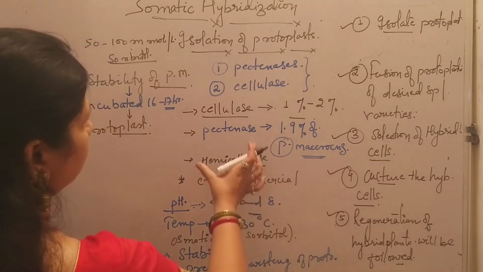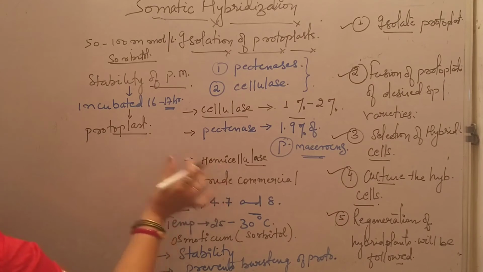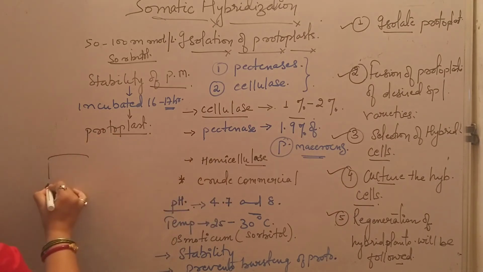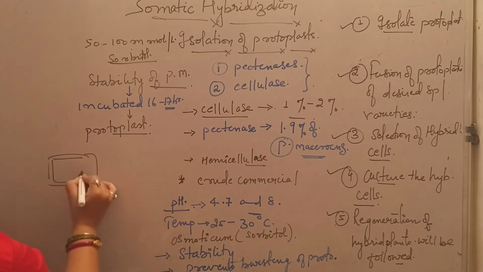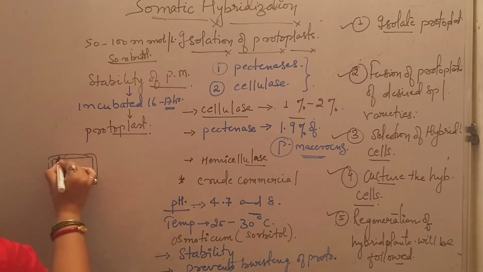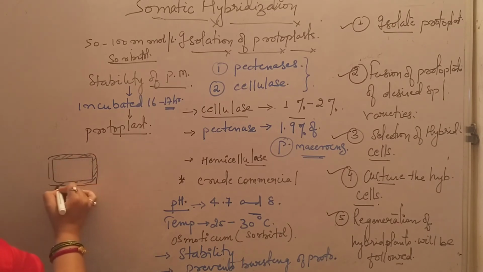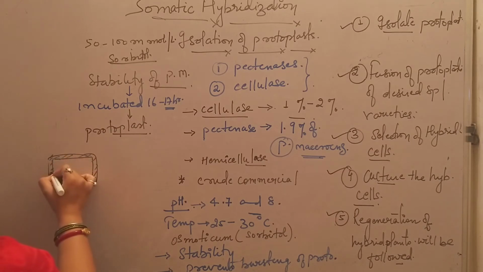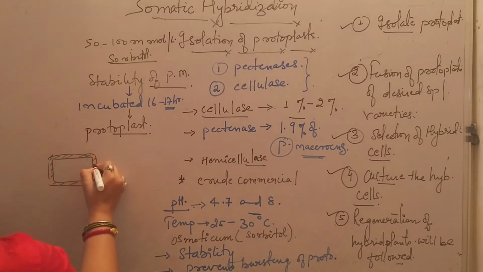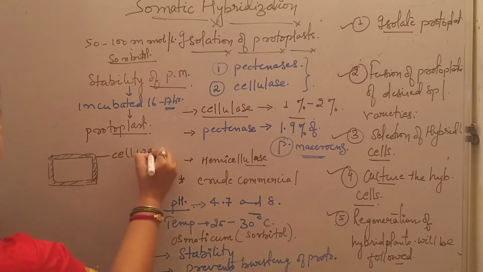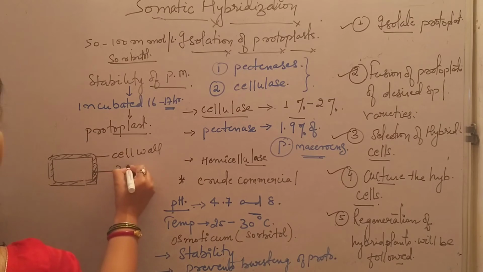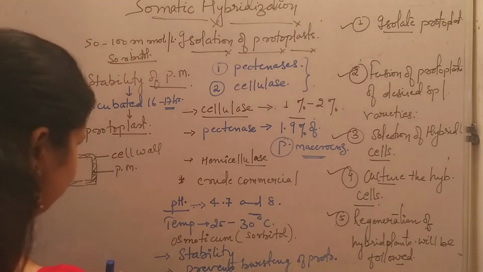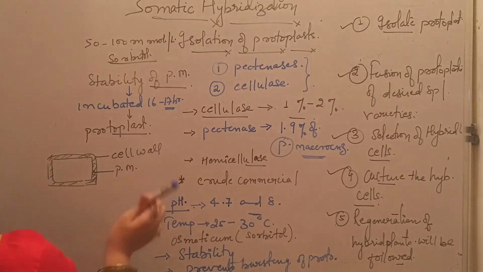A small generalized view: suppose this is the plant cell, this is the cell wall here, and this is the plasma membrane. If you want to isolate the protoplast, what will we have to do?